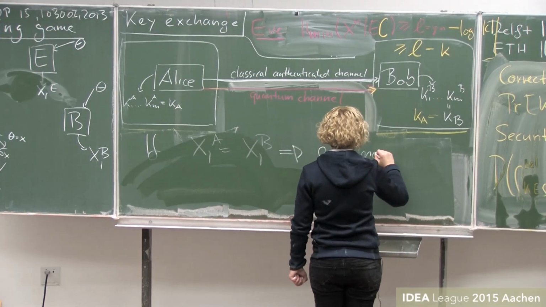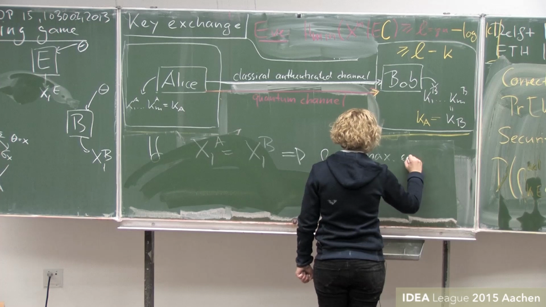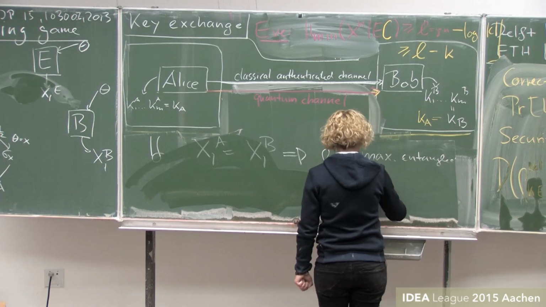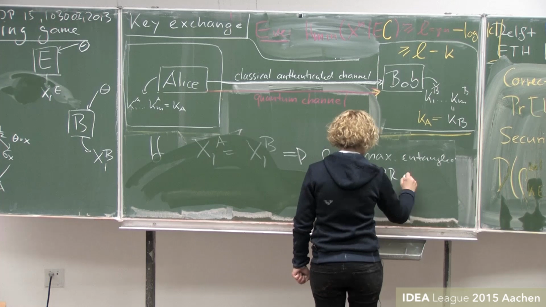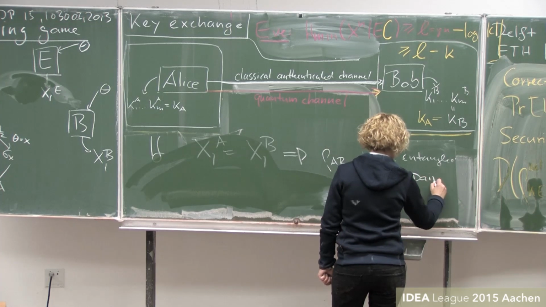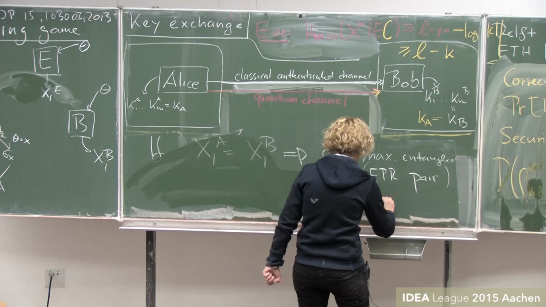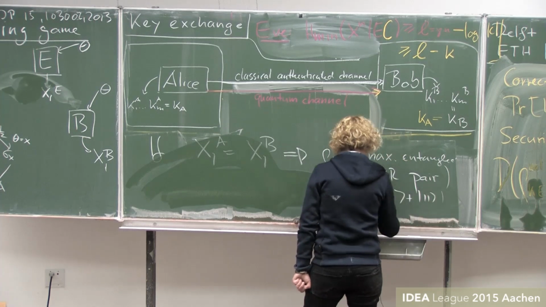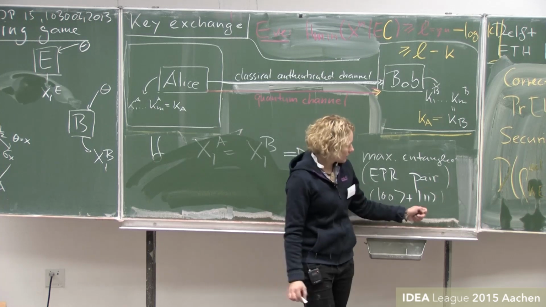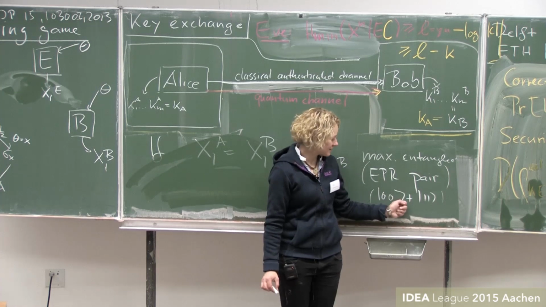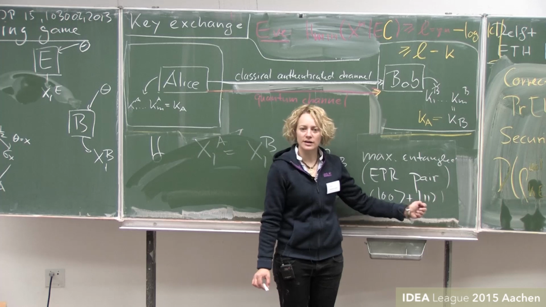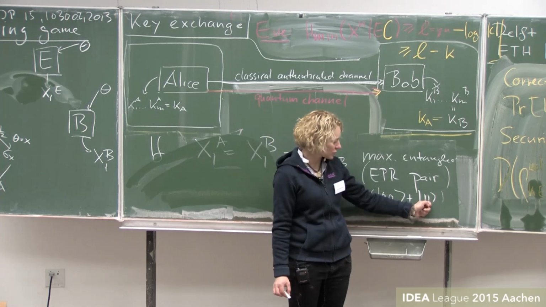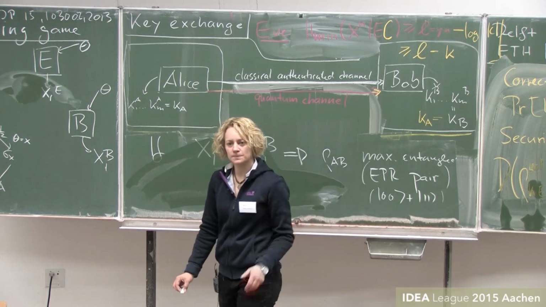Okay? It's an EPR pair. Or equivalent to this, in the sense that it might be rotated on one side, like maybe it's one of the other Bell states, but note that from all of the other Bell states I can locally produce the EPR pair, by rotating.